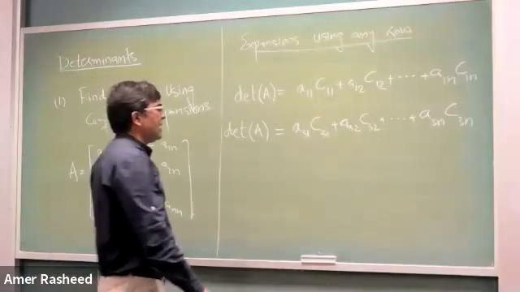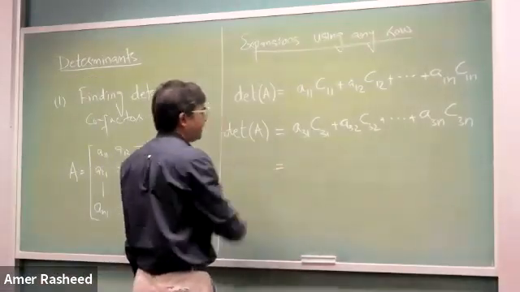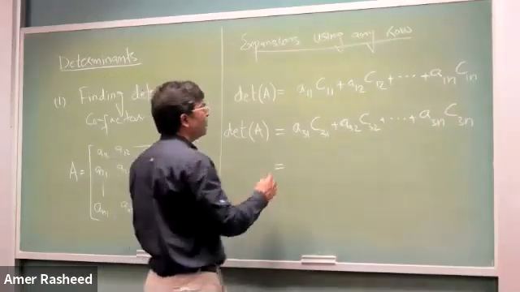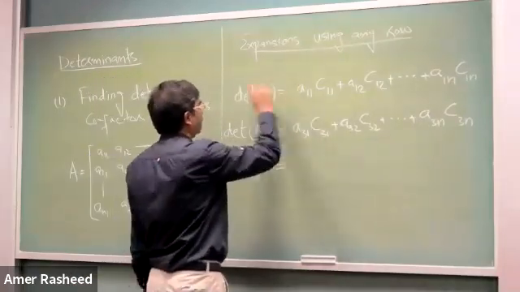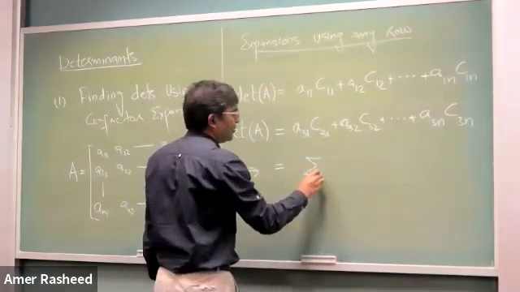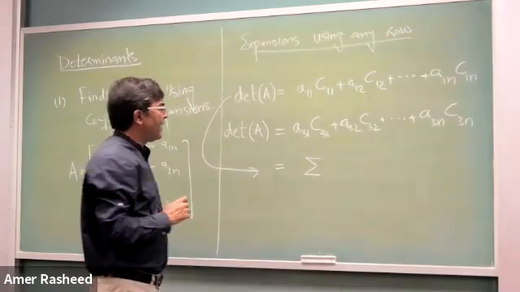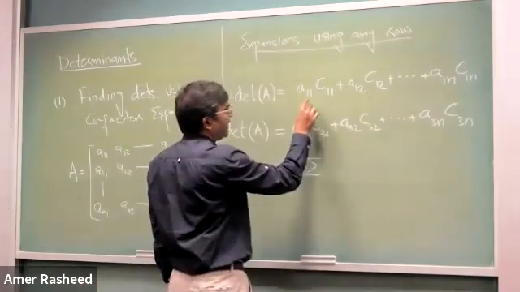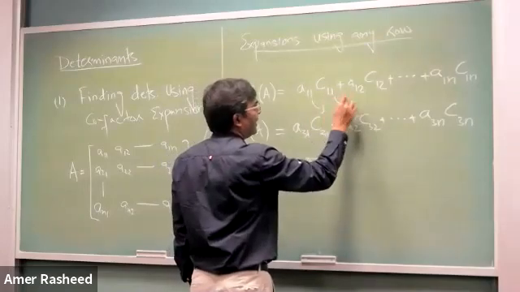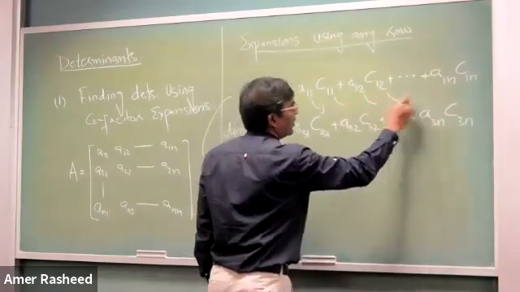And in general, how can we write this in a compact form, a short form? We use the sigma notation, which is a sum notation. Which index is varying here? The second index, the j index. This one, this one, this one, and this one.